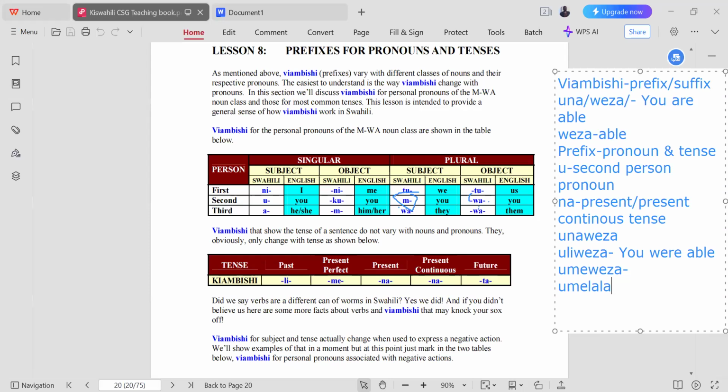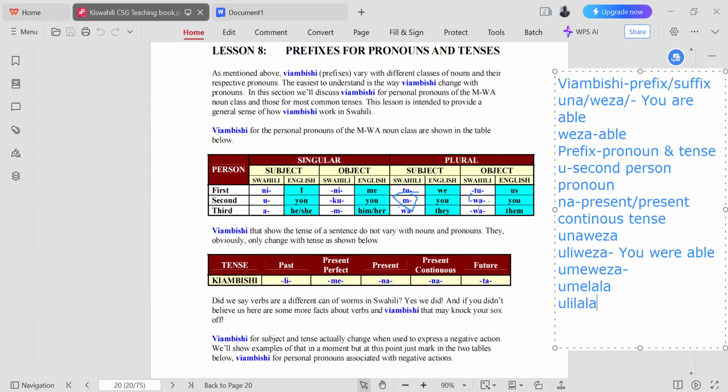So I'm asking, have you slept? The action has already taken place, but it is not that long a period of time. Like if I say ulilala, it's like you slept. It's a big time. You are now awake, but I'm referring to what you did in the past. Are you seeing that?